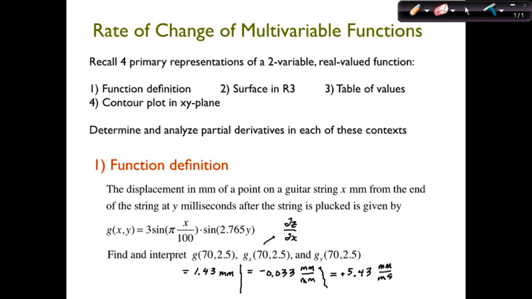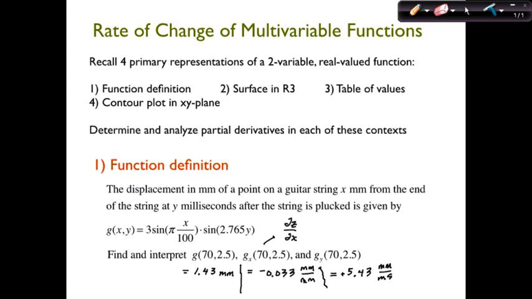Okay. Yeah. Jonas. So at the point where you're 70 millimeters away from the end of the string, and 2.5 milliseconds has passed, and there's a small change in where you pluck the string, the displacement at the point will be negative 0.033 times that number.